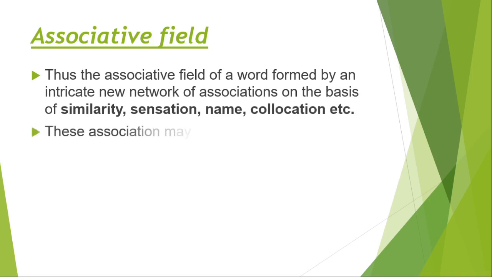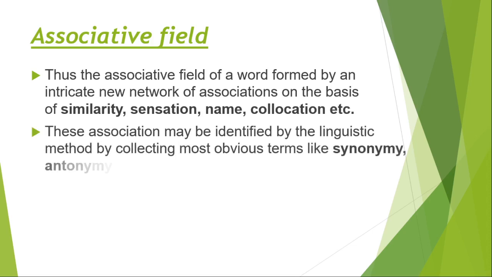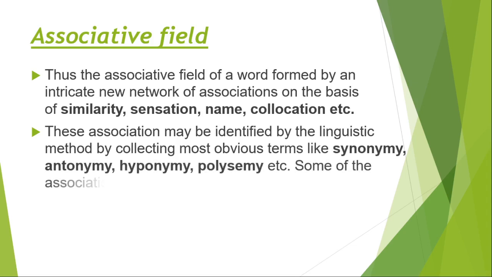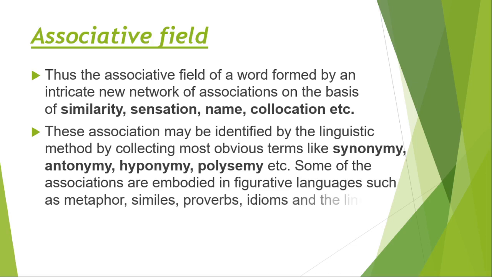These similarity associations may be identified by the linguistic method of collecting the most obvious terms like synonymy, antonymy, hyponymy, polysemy, etc. Some of the associations are embodied in figurative language such as metaphors, similes, proverbs, idioms, and the like.